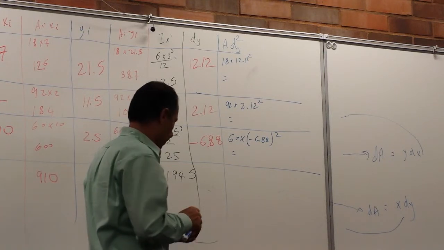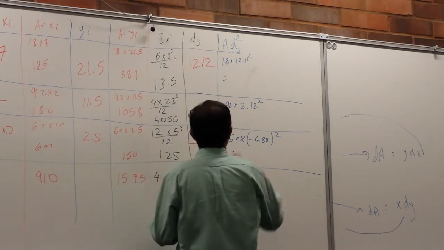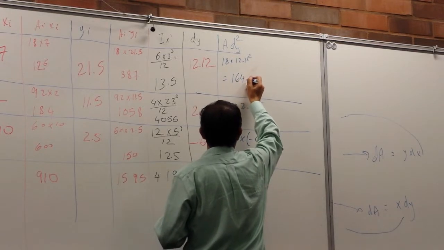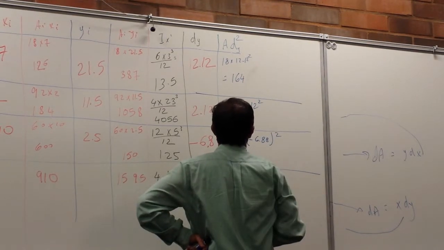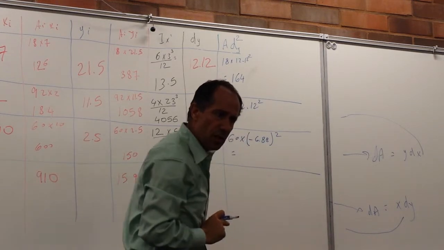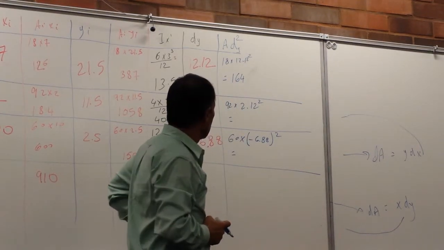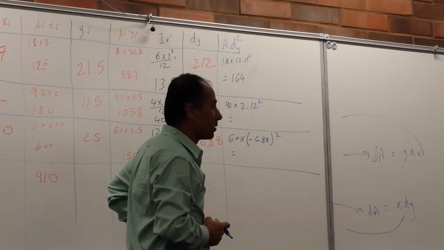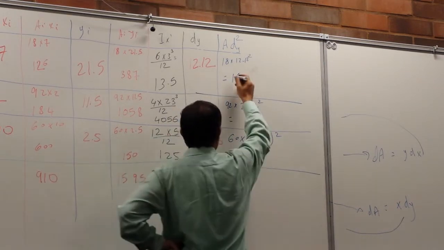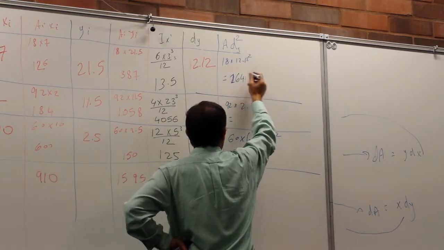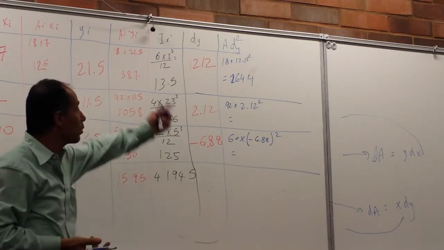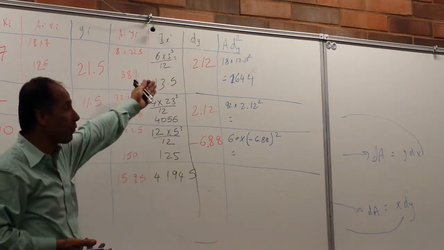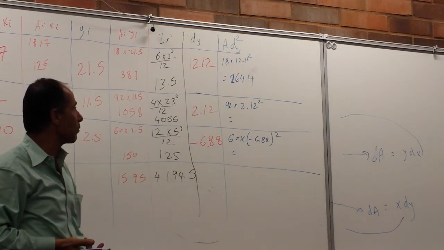We got 164.9. And 12 times 12 is 144. 150 times 180 is 2000 something.